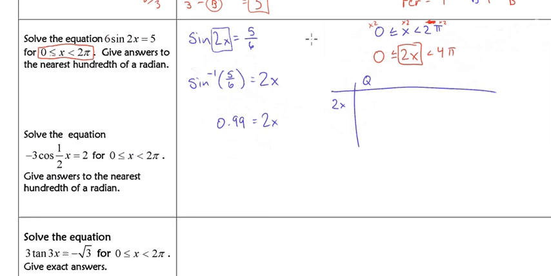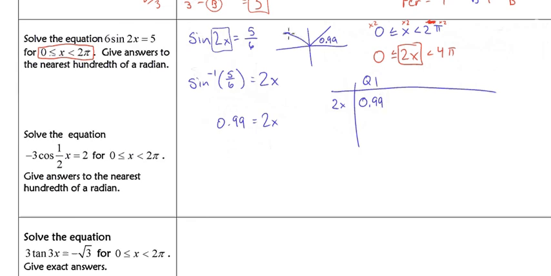I'm going to break this into quadrants, and we'll draw a picture up here as well. In quadrant 1, where would sine of 2x give us 5/6? Sine being positive, that would be an angle of 0.99 radians. So there's our first answer, 0.99 radians. It happens again in quadrant 2.